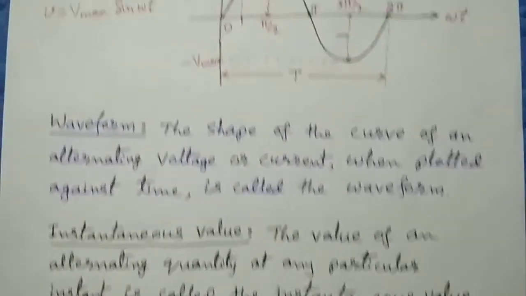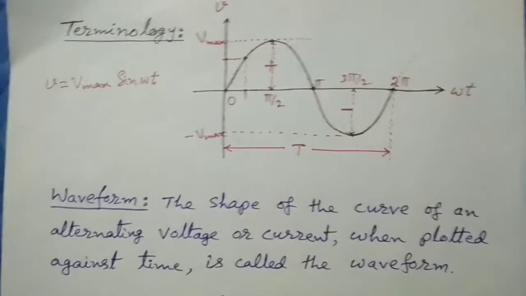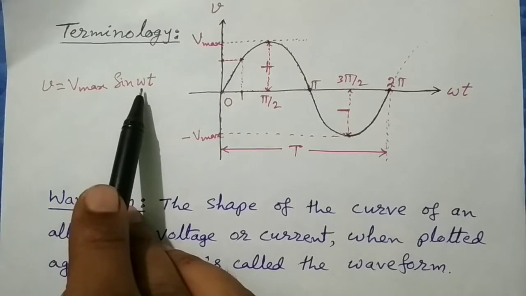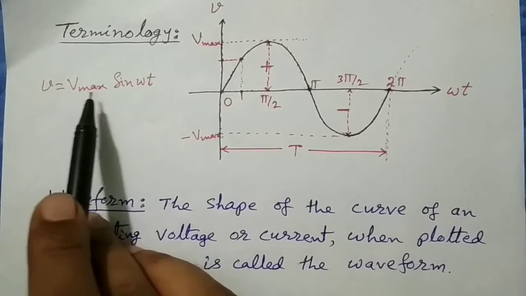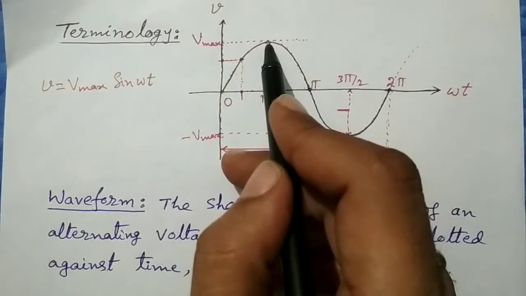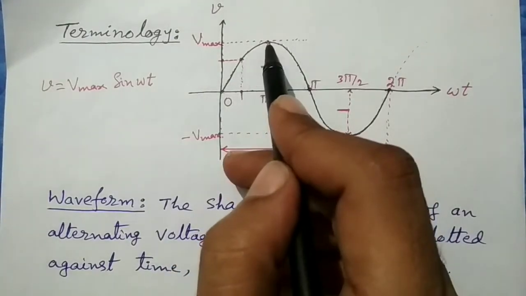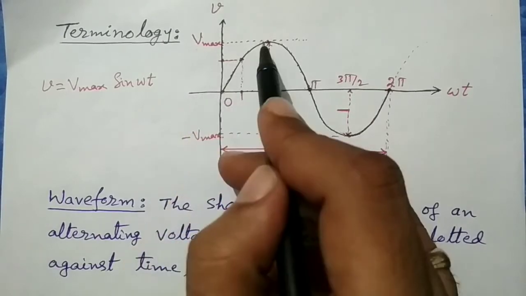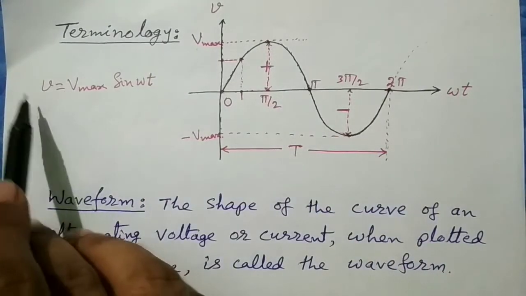Now we can see the voltage that we have considered here, V equal to Vmax sin omega t. Here at pi by 2, we will get the instantaneous voltage, and that will be equal to Vmax. So this is the maximum value for this voltage.